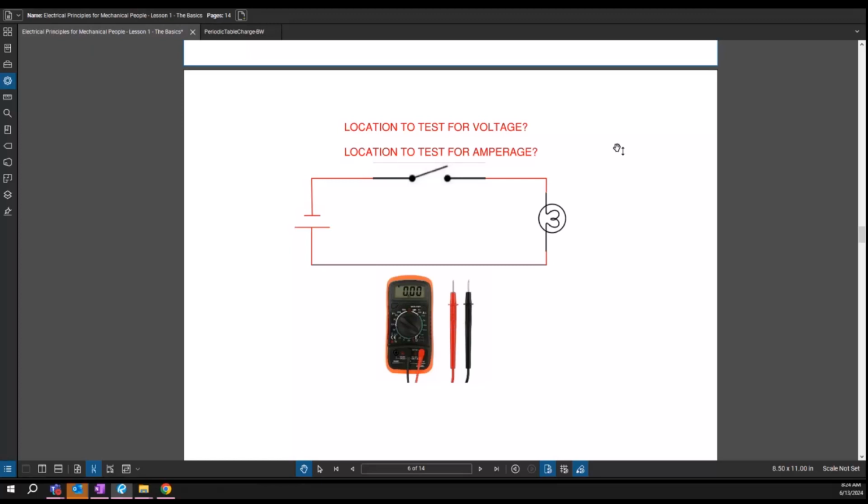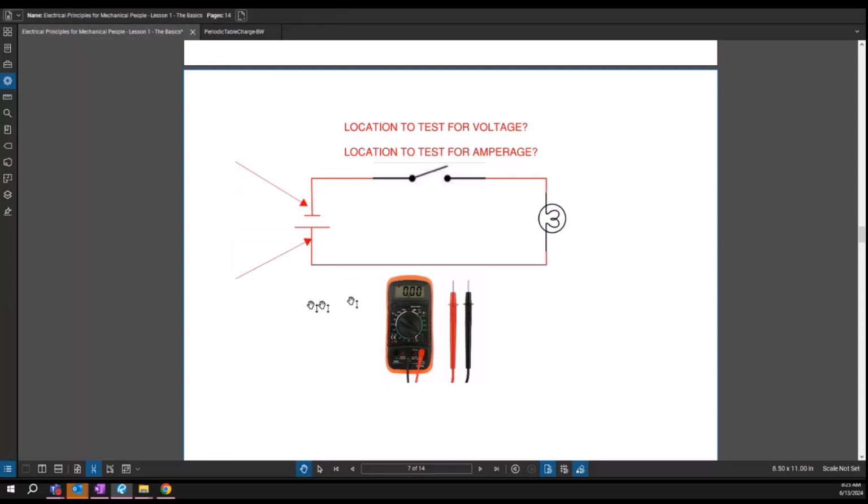You're trying to test the voltage? Yes, if I want to check what voltage this circuit has, where would I check it at? And there's 2 locations. Well, 3 technically, but we'll just stick with 2 for now. Either side of the like negative and positive on the battery? Like stick one end there and one end there?